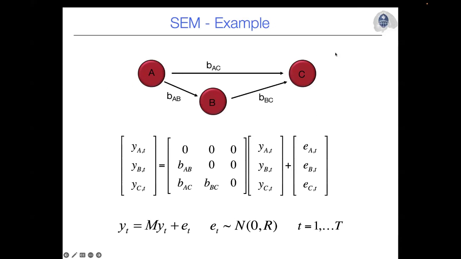So for example, if you hypothesize that it looks like this, and I hypothesize that this B_AC is equal to 0, we can estimate both of these networks and use model comparison methods, AIC, BIC type stuff, or some sort of Bayes factor type stuff, to compare different models.